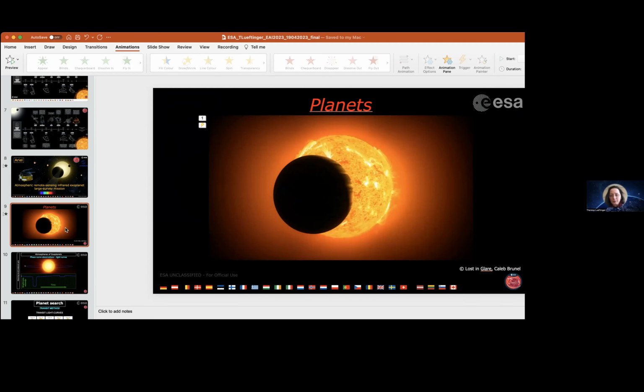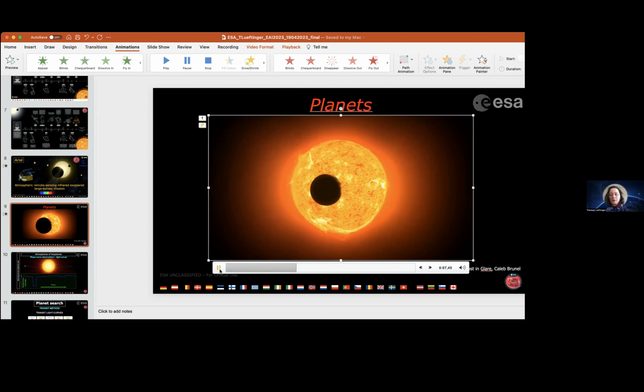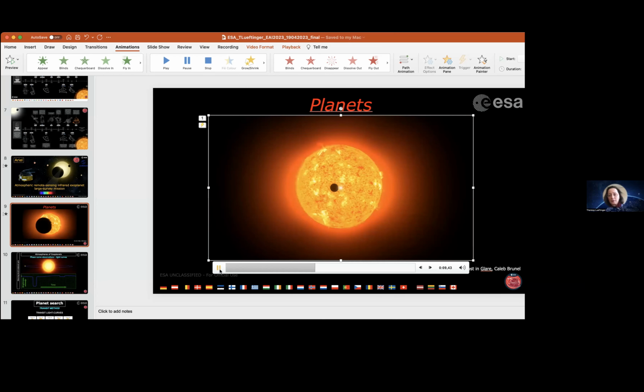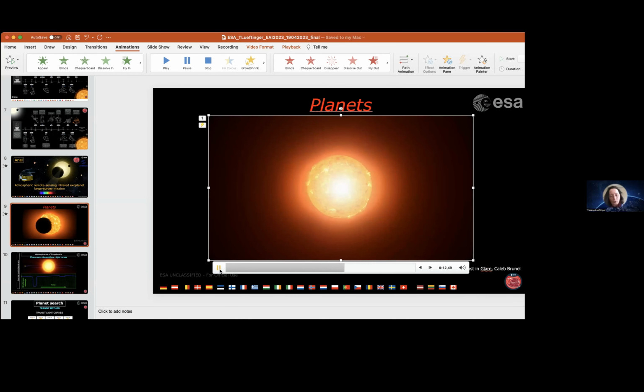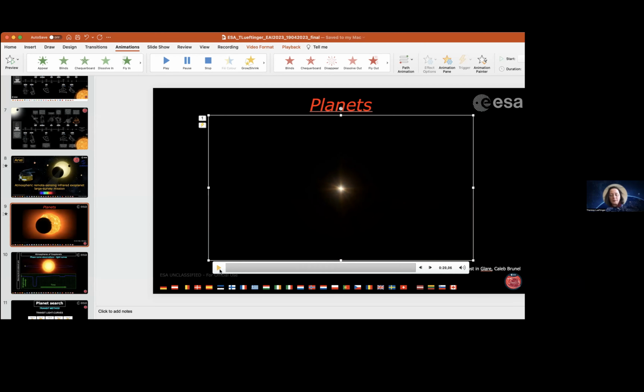Let me also point out that when observing exoplanets, we face the very big challenge that we want to observe a comparably tiny dot around a star that is very bright and shiny, and the planet does not usually emit any light at all. So we really need very precise, very good instruments to be able to detect these comparably tiny planets around a bright, shiny star.